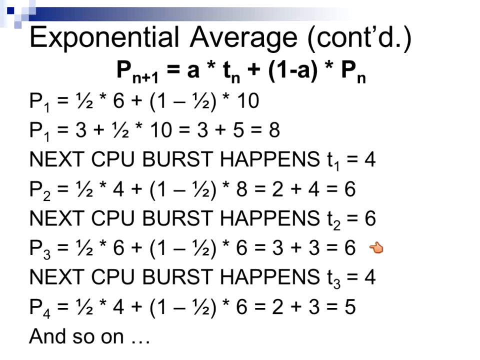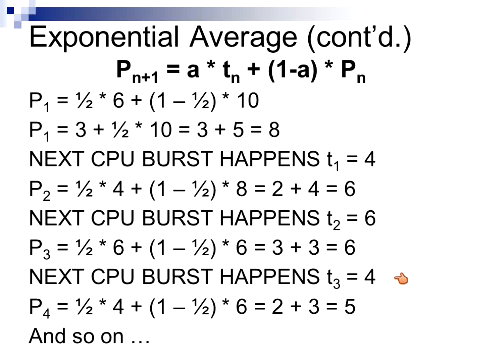So now, when I go to predict the next CPU burst, I say it's 1/2 times 6 plus 1/2 times 6, which gives me 3 plus 3, which is 6. So I predict that my next CPU burst is going to be 6.